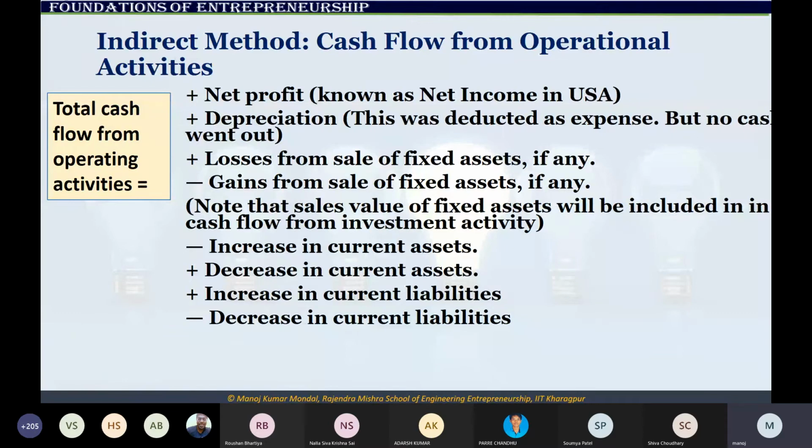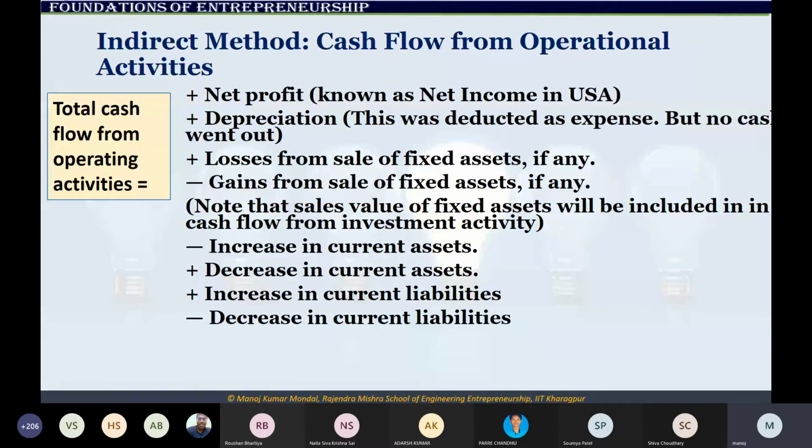Then you deduct the increase in current assets, meaning that suppose you buy some raw material and last year's raw material stock is less than this year's raw material stock. That means some money has gone into raw material. So that is some cash that is not reflected in your cash position now, and that has consumed some cash.